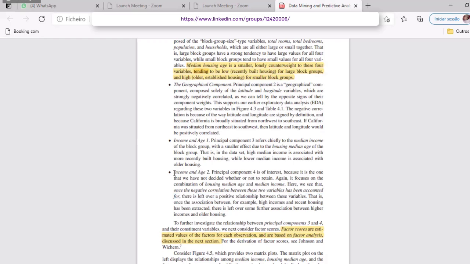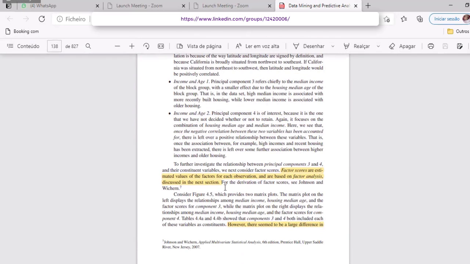This one is the one that we are in doubt about. It is more driven by the house median age, and has a smaller effect of the variable median income.